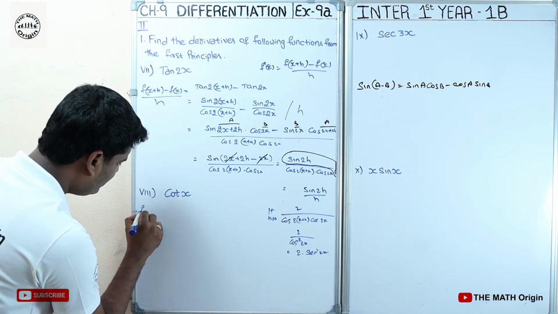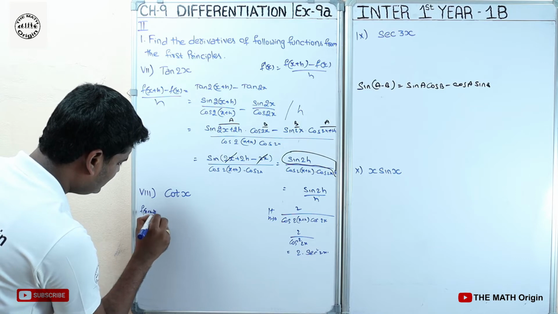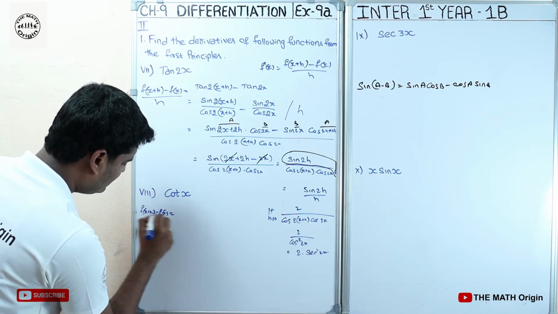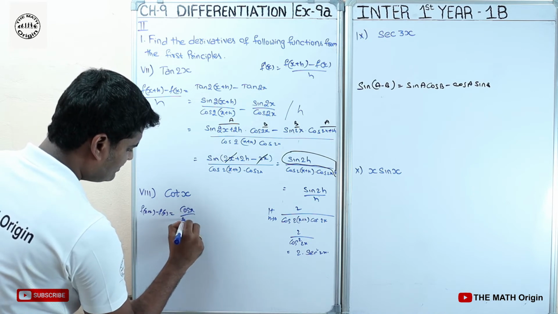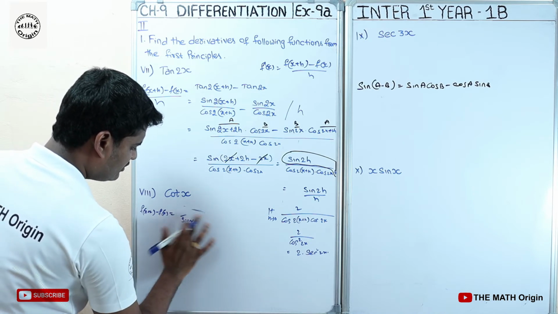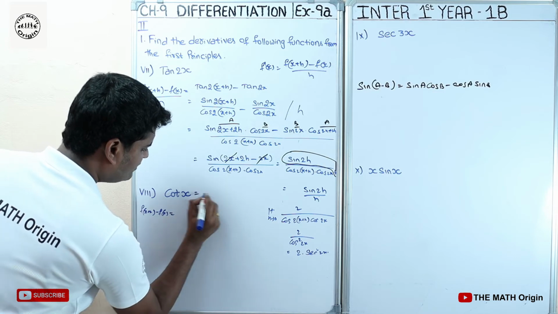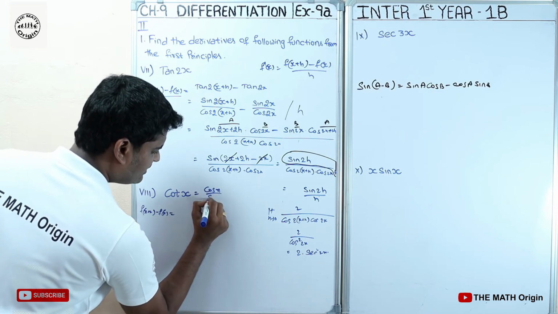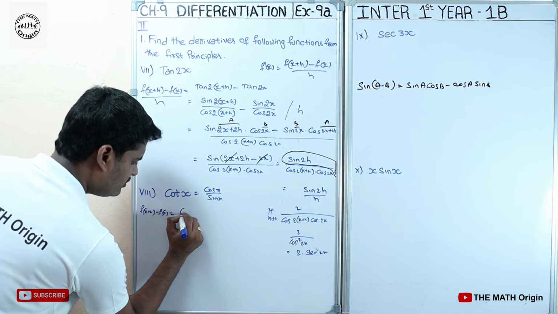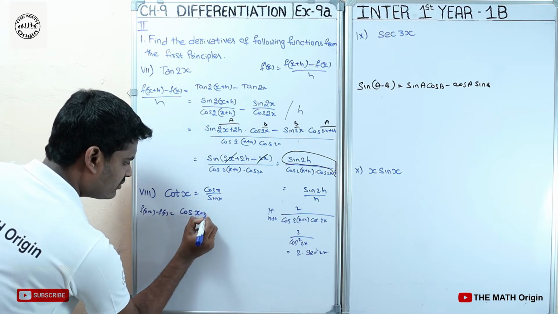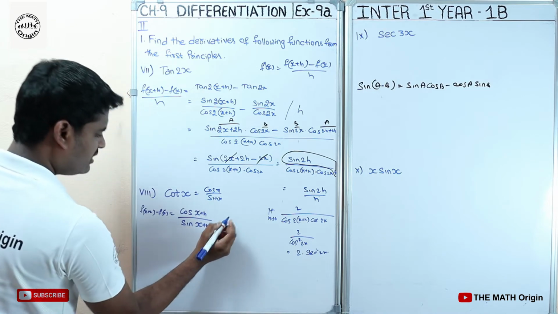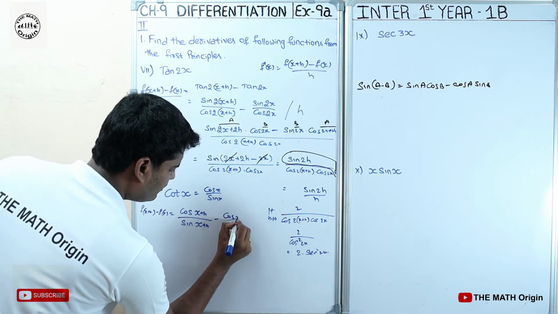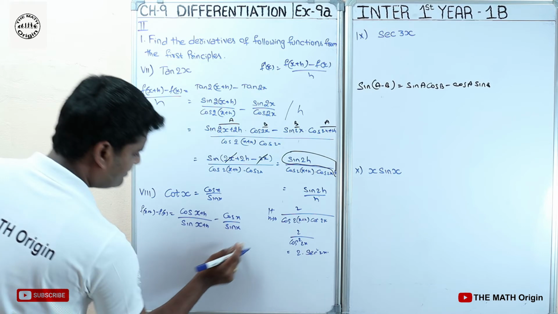Cot x for f of x plus h minus f of x: cot x means cos x by sin x. Therefore, that is equal to cos of x plus h by sin of x plus h minus cos x by sin x.